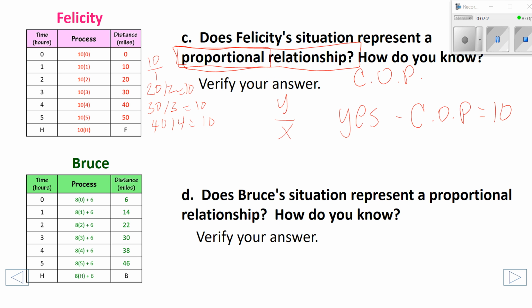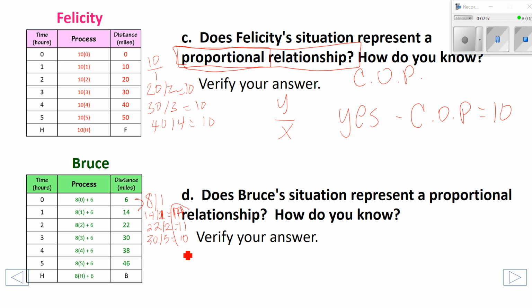Now, Bruce, on the other hand, remember, was 8 over 1 here, and here it was 14 over 2, which is 7, and 22 over, oh wait, no, 14 over 1, sorry, which is 14, 22 over 2, which is 11, 30 over 3, which is 10, and so on.